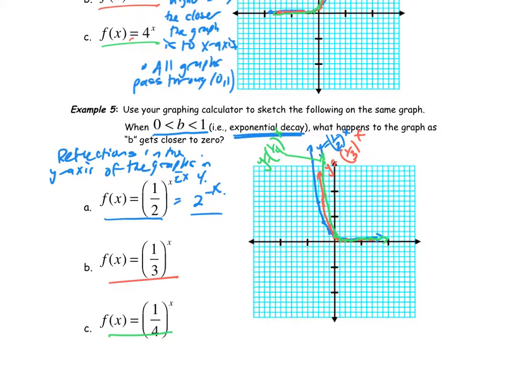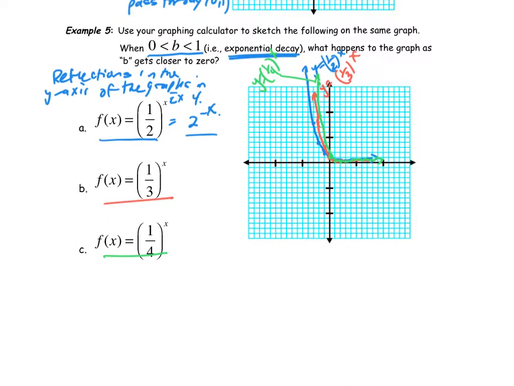And then the other conclusions we're going to talk about is what happens to the graph as we change b. So I'm going to write those down here. Slide up a little bit. So what we conclude is, when we have decay, so if b is between 0 and 1, then for x less than 0, the steeper the graph for b closer to 0.